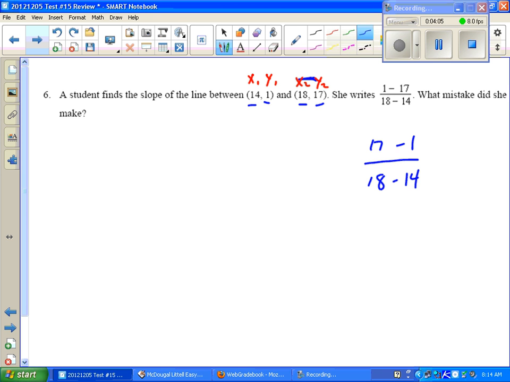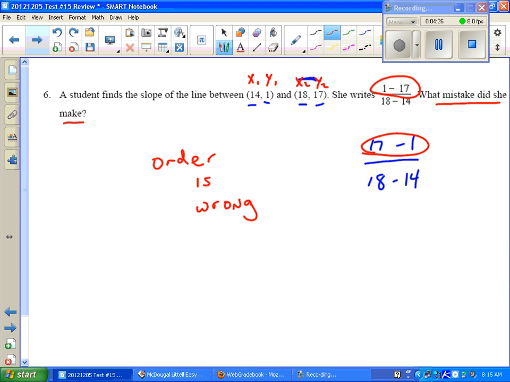Notice the difference between what she did on the top and what we just did on the top. Remember, you can go either way. You can go sub 2 to sub 1 or sub 1 to sub 2, but you can't go both ways like she did. So the easiest way, it says, what mistake did she make? The easiest way to say is her order is wrong. And again, you can make the argument that the order is either wrong in the numerator or the denominator.